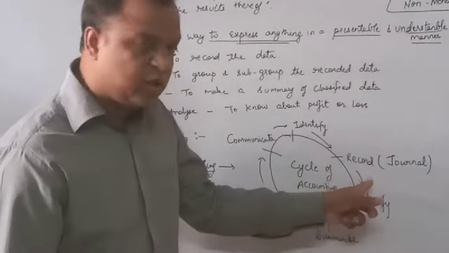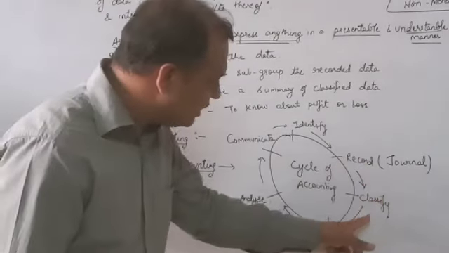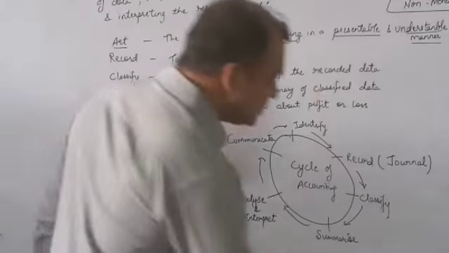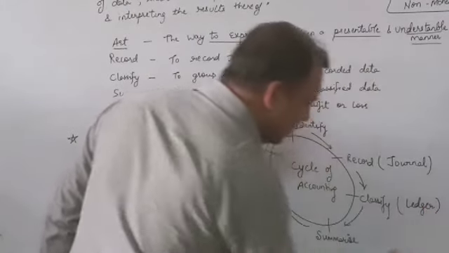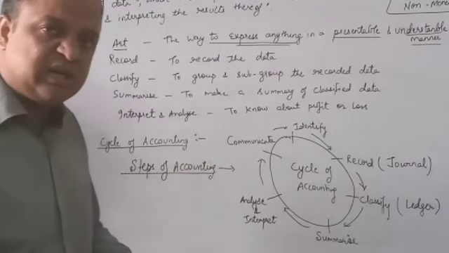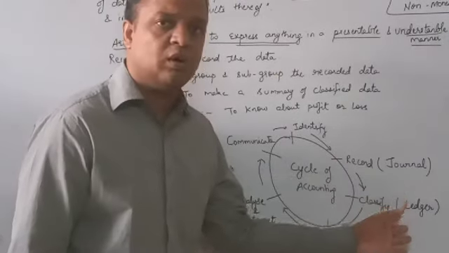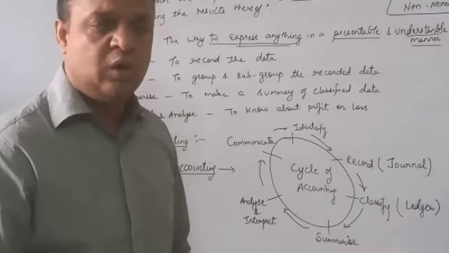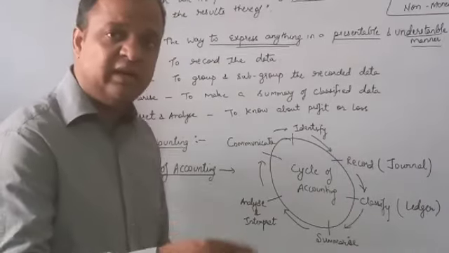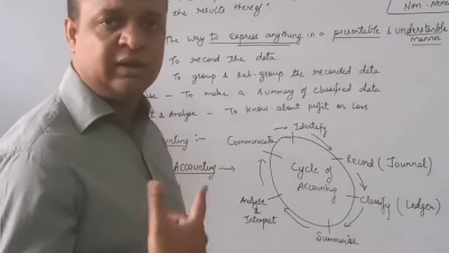Once the data is recorded, it is further classified. Classification is done in the books named as ledger. These are separate books of account which we will be further discussing in the further chapters when we discuss in detail about accounting and its steps.